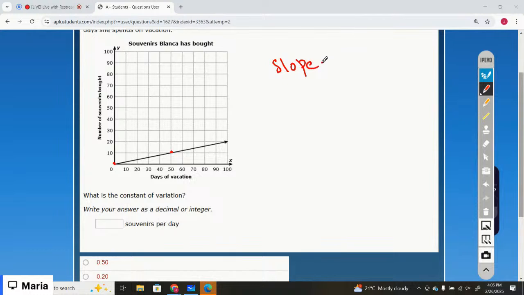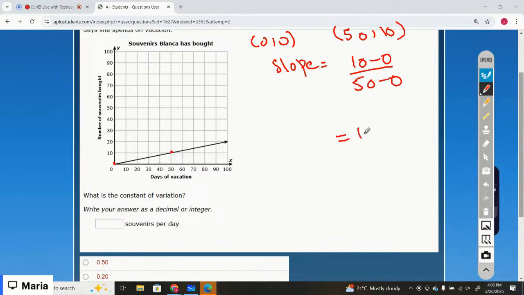Just use the formula that we use to calculate the slope, that is change in y. The points are 0, 0 and x is 50, y is 10. So change in y is 10 minus 0 divided by 50 minus 0. So that is 10 over 50 or 1 over 5 that equals 0.2. So the slope of the graph is 0.2.